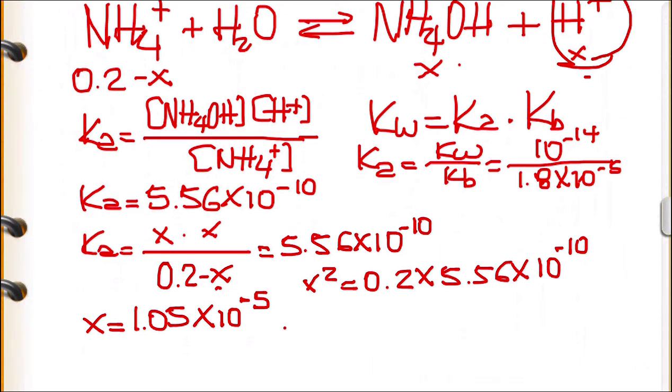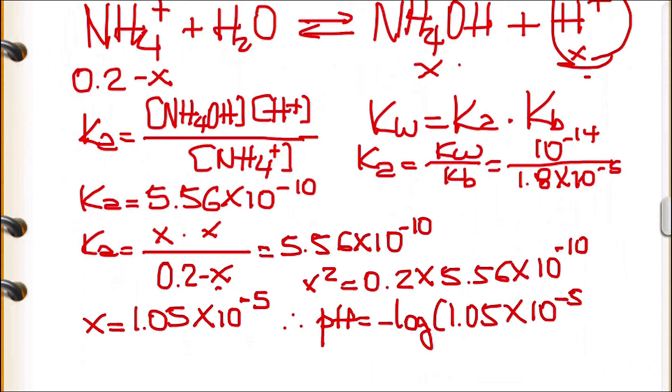So from this, we can calculate the pH of the solution. The pH of the solution is going to be minus log of the concentration of H plus, which is 1.05 times 10 to the minus 5. So therefore, the pH is 4.97.